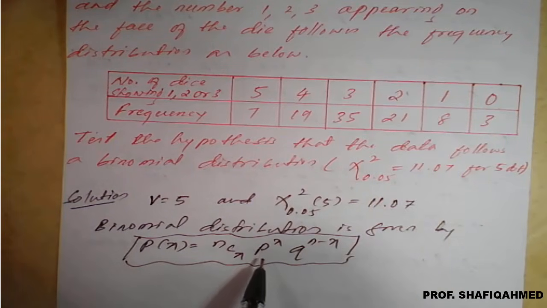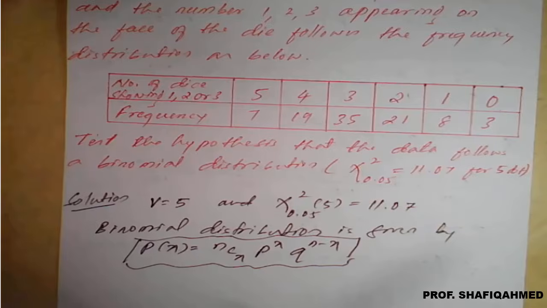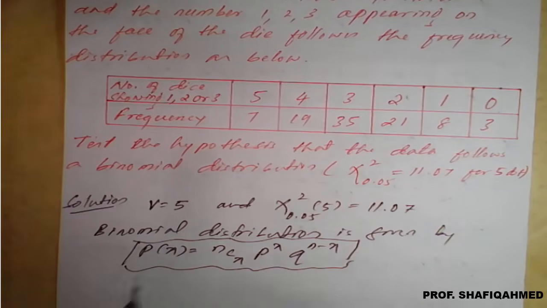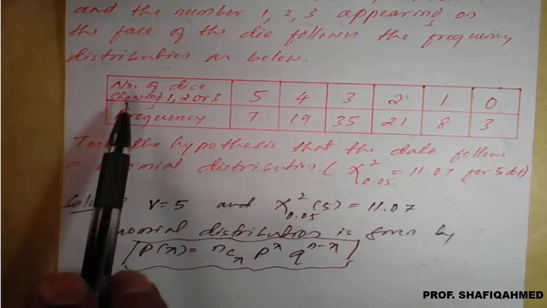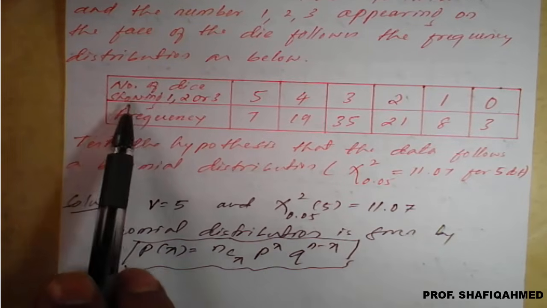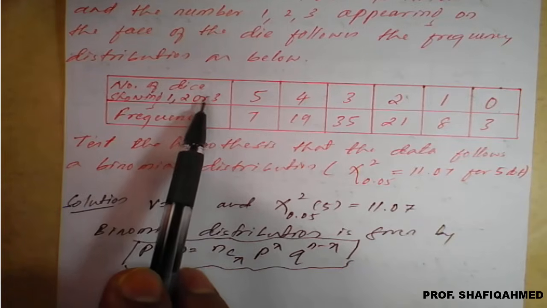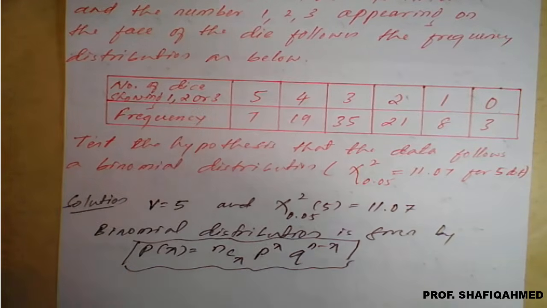The p value we need to calculate. So here p means, what is this experiment for? We are doing the experiment by using dice. So what is the probability here? It means the number of dice showing 1 or 2 or 3 on the top faces. So how to find the probability here?